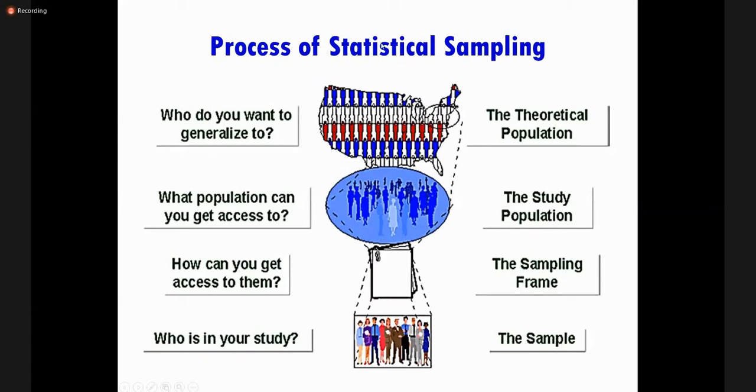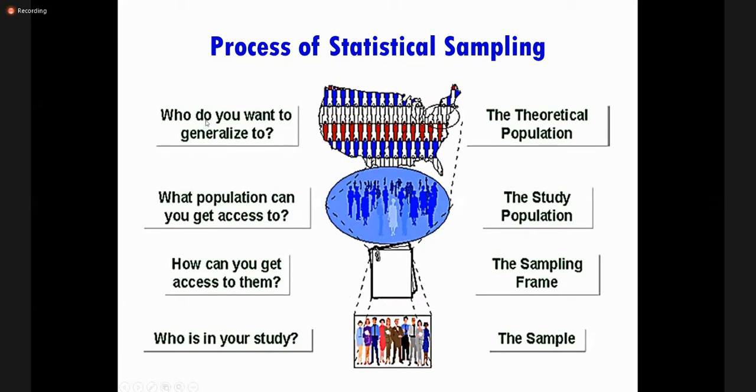You get a list to collect the information about all the children of school age living in Karachi. And then, among all the millions or thousands of children living in Karachi who are school age children, you have to select those 300 or 400, whatever is your sample size, who will actually be part of your final sample. So you have to collect that subset, and there are many ways of collecting it.